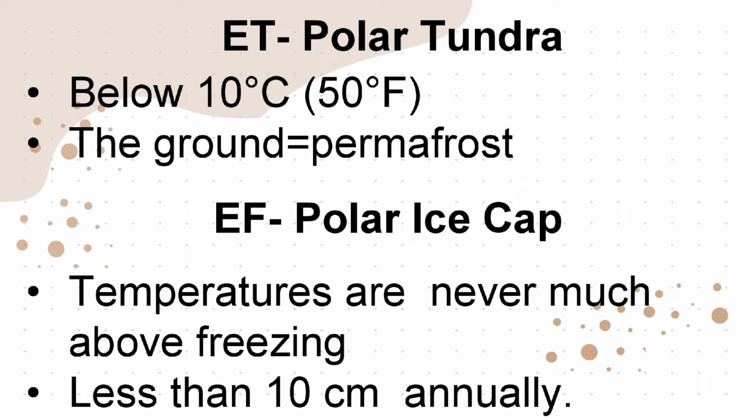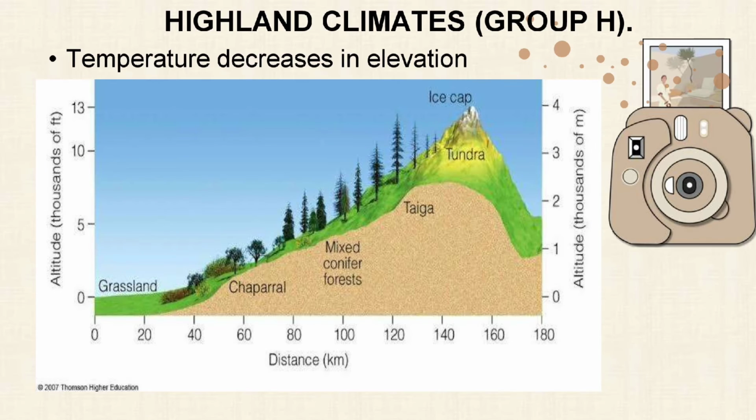Next is the polar ice cap. In this region, the temperatures are never much above freezing, even during the middle of summer. The coldest places in the world are located here. Precipitation is extremely meager, with many places receiving less than 10 centimeters or 4 inches annually.